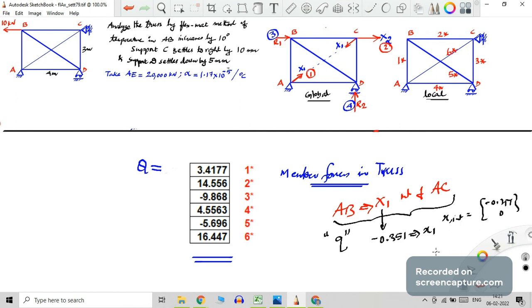If you have time and patience, you can repeat the same problem for different selection of global coordinates, and you will become masters in solving trusses by flexibility method for any given condition. Okay, so I request, if you have time, practice this problem and try some other problem by changing the global coordinate.